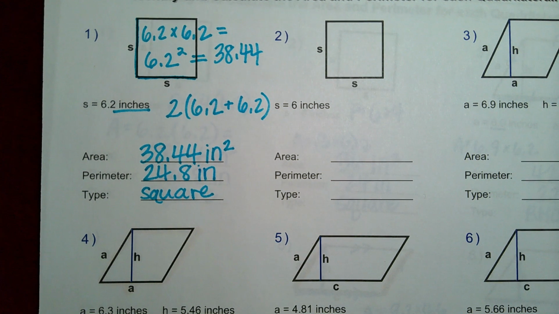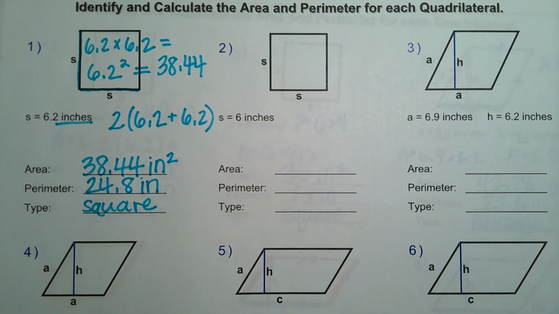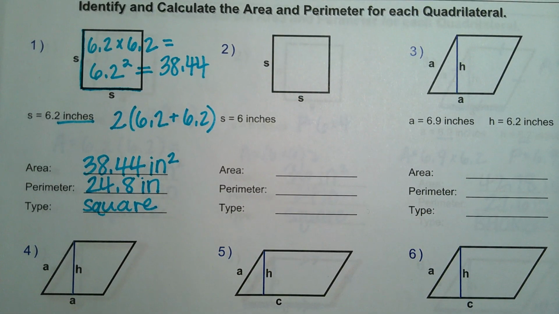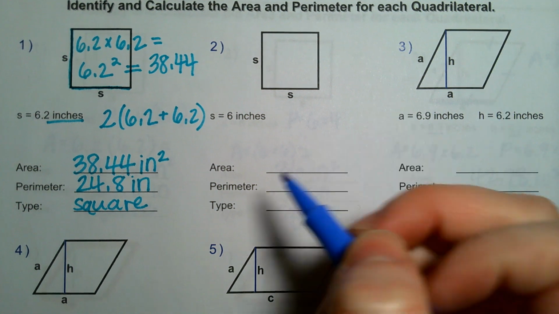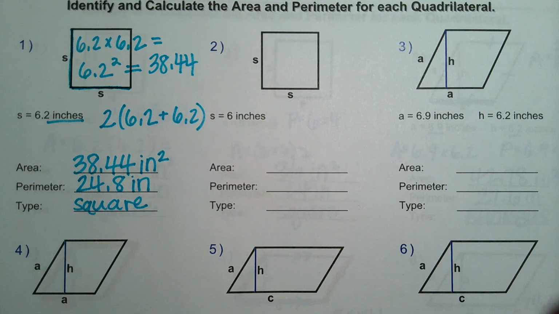Okay, number 2 is exactly like number 1, so we'd be doing the same steps. I'll show it this time with different colors to maybe differentiate a little. So how am I going to find the area of this square?